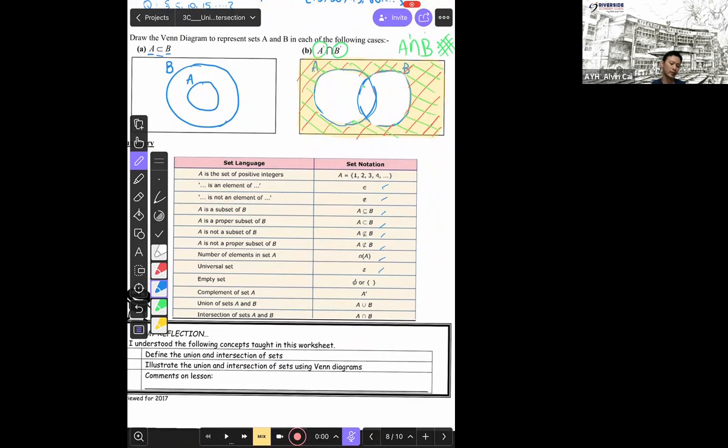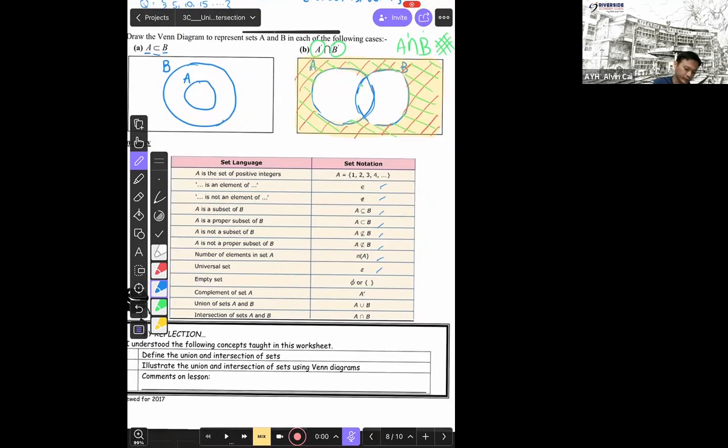This is a null set or empty set. This is a complement, that's outside A; complement set of A means anything that's outside A. Union of sets A and B means combine both. Intersect would be the common elements.